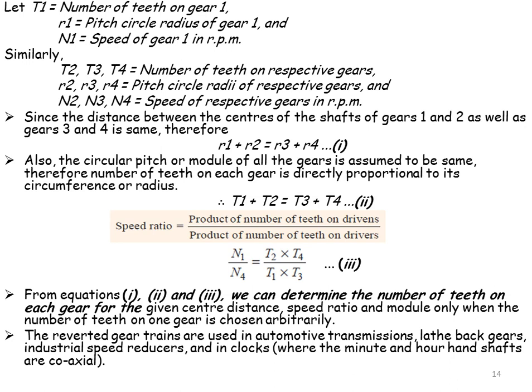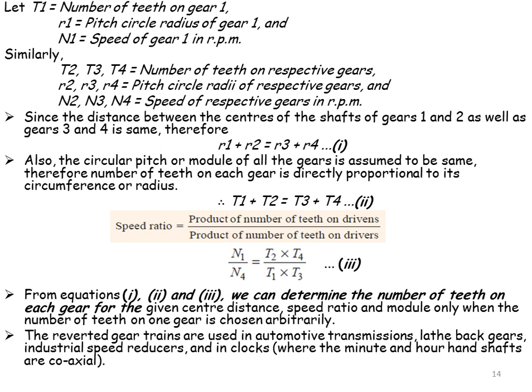If you take the distance between the centers of the shafts for gears 1 and 2 as well as gears 3 and 4, then R1 plus R2 equals R3 plus R4. Also the circular pitch or module of all gears is assumed to be the same.